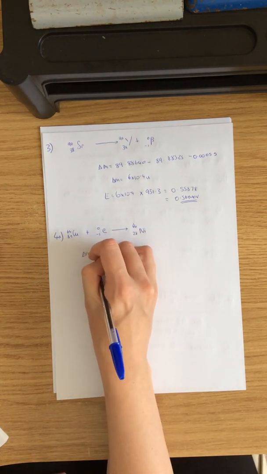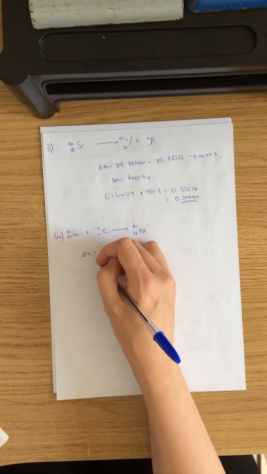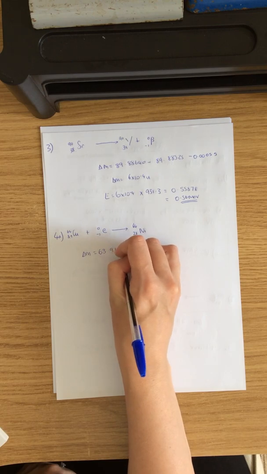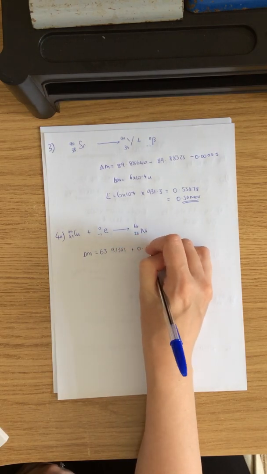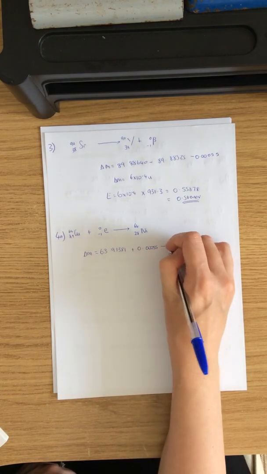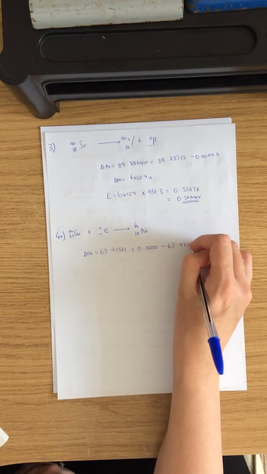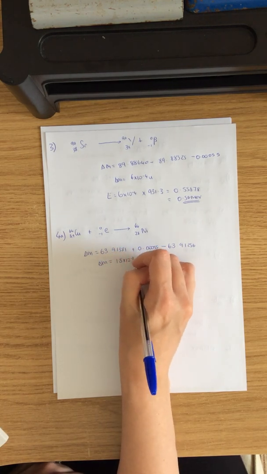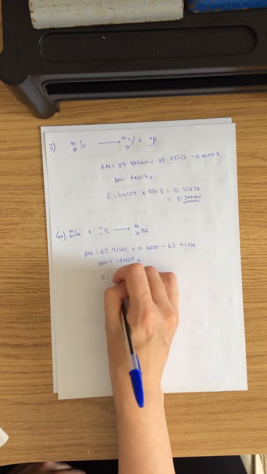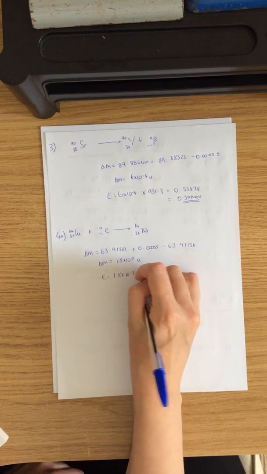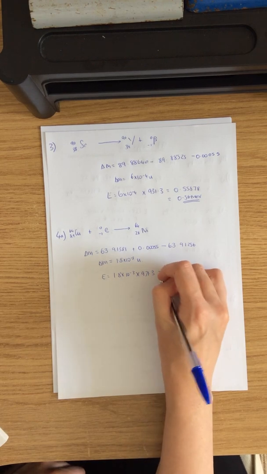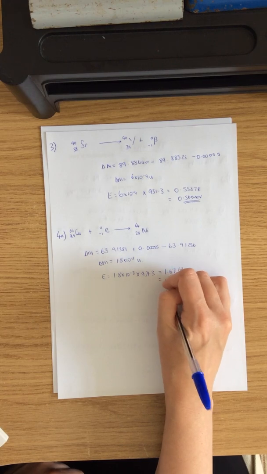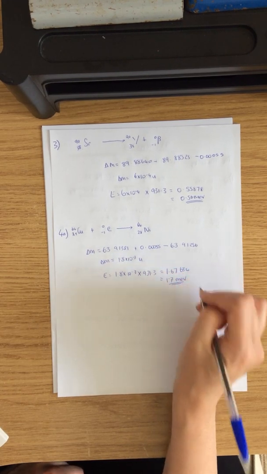The change in mass is equal to 63.91381 plus 0.00055 minus 63.91256, which gives you a change in mass of 1.8 times 10 to the minus 3 U. Your energy is therefore 1.8 times 10 to the minus 3 times 931.3, which equals 1.7 mega electron volts.